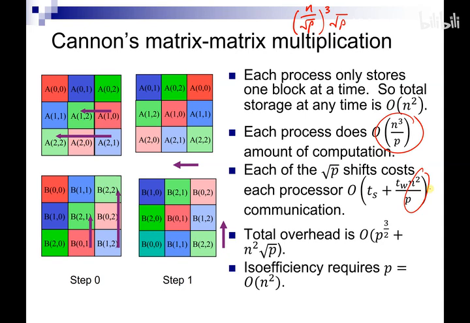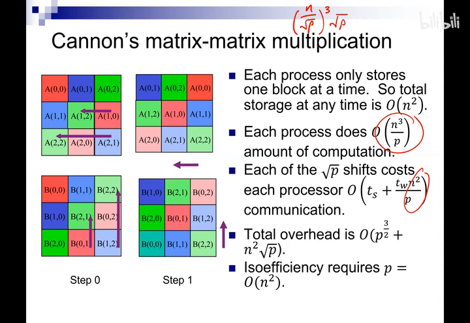Oh, right, and then you need to multiply this by root p shifts. So each of the shifts costs you this much. You have root p shifts, and then if you do this for p processors, this is going to be your total communication overhead. And your total computation is going to be p times this, so it's going to be n cubed.